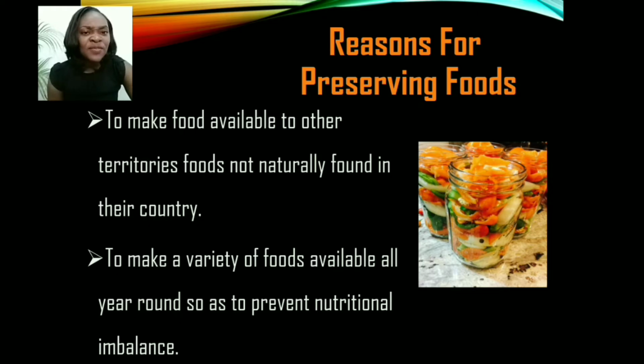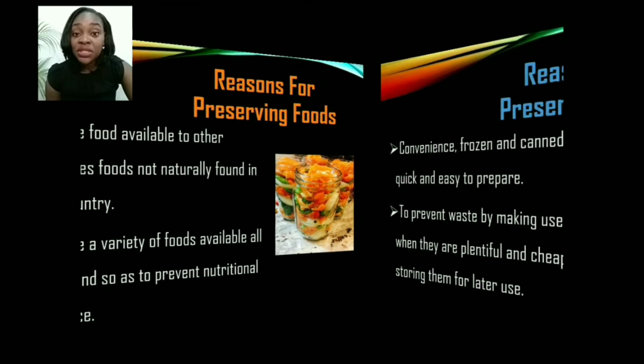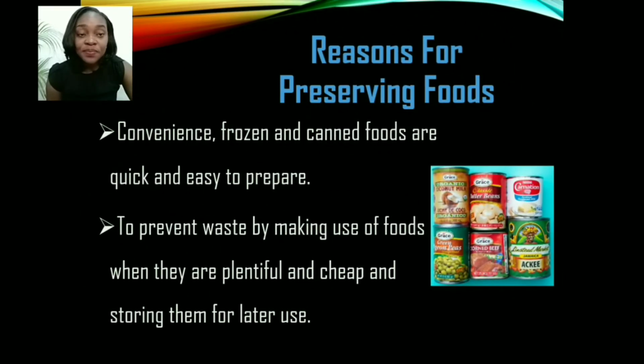Can you think of any food that is available out here that is not locally grown, but because of food preservation, it is available in our country or in your country? Also, to make a variety of foods available all year round so as to prevent nutritional imbalance.